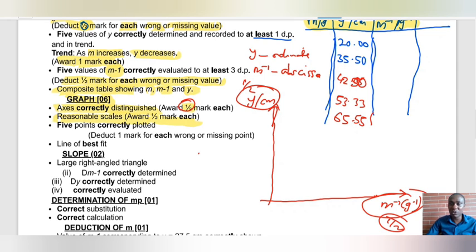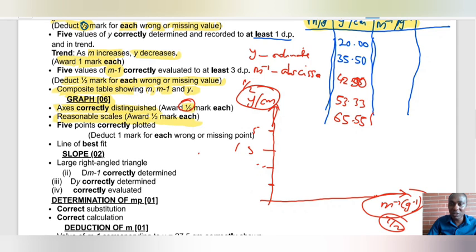They will come to this place and put 20 here, they put 35.5, they put 42.5, they put 53.5, and so on and so forth. So this is a wrong scale. This scale is unacceptable. In fact, you will be penalized for using this.